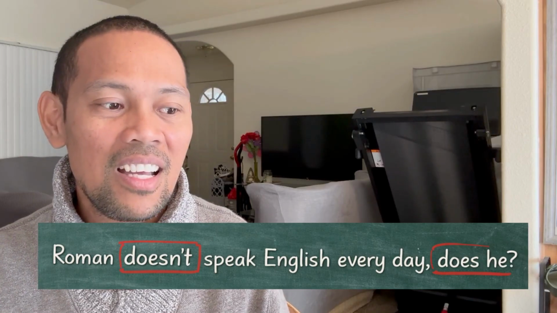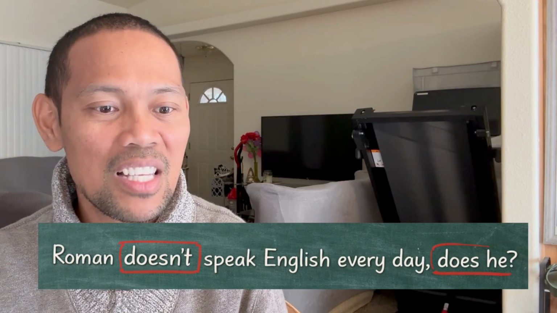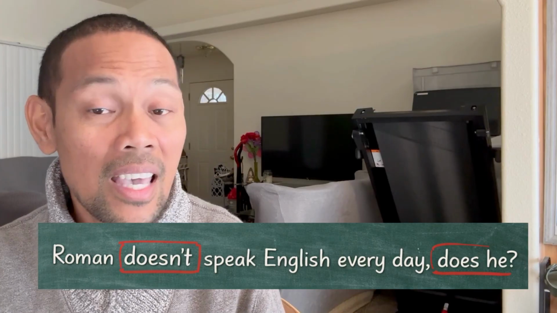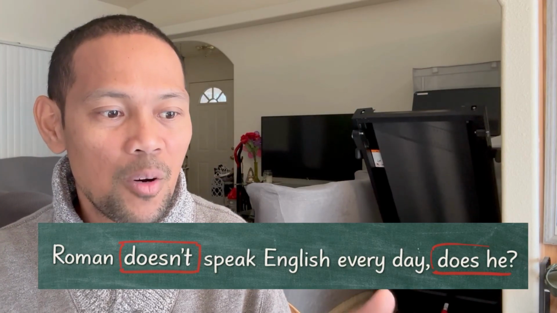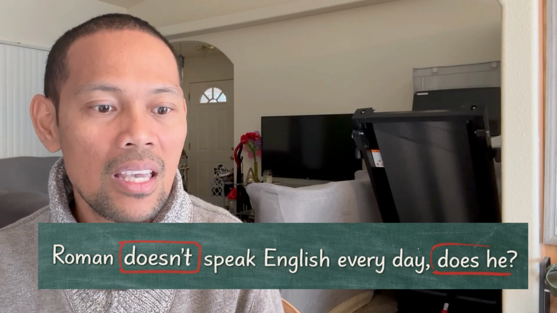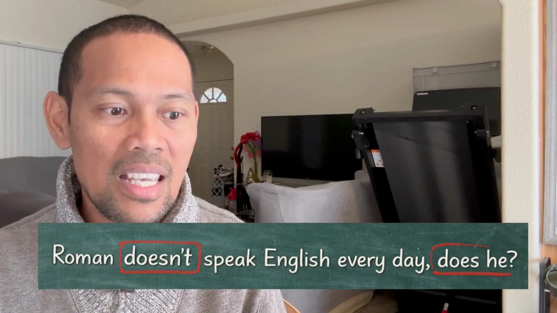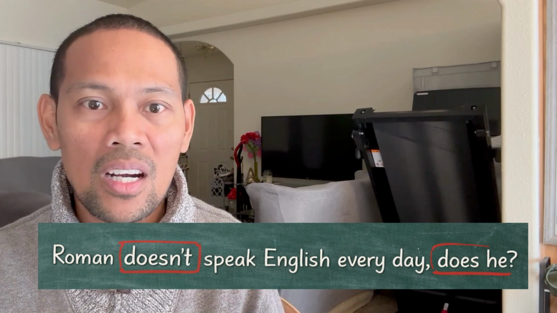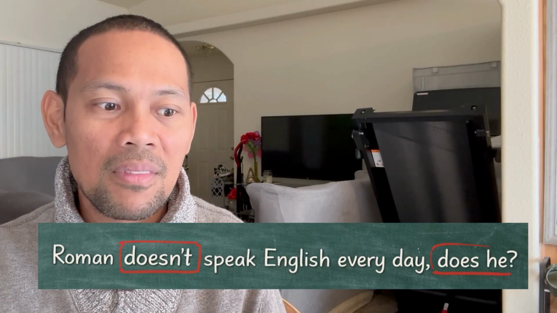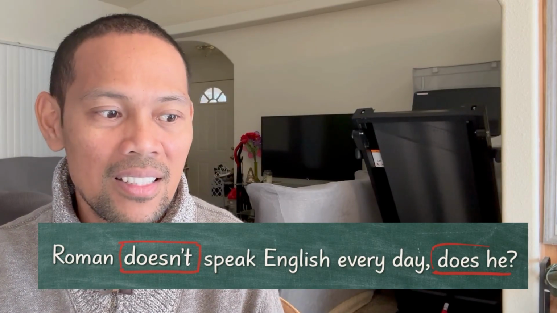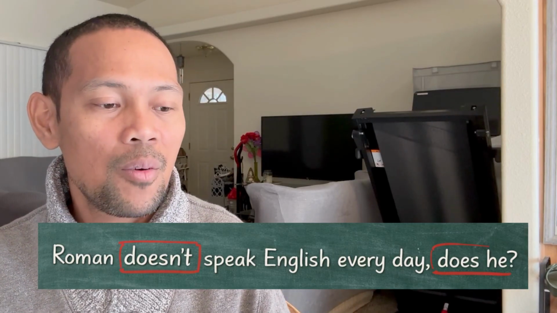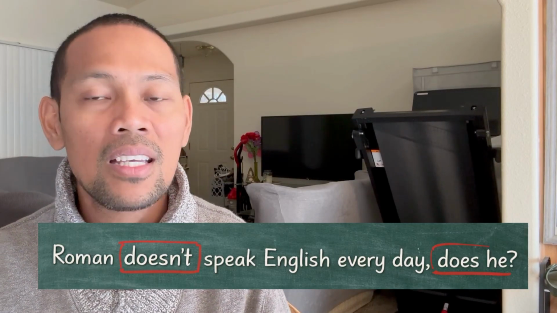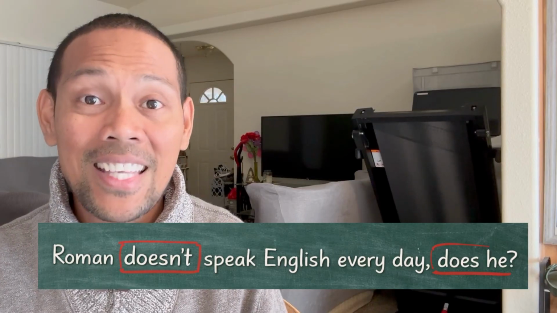Roman doesn't speak English every day. So does he? That is the tag question, positive. Doesn't speak is the main verb used in the sentence, so you just have to turn it into positive in the tag question. Roman doesn't speak English every day. Does he?